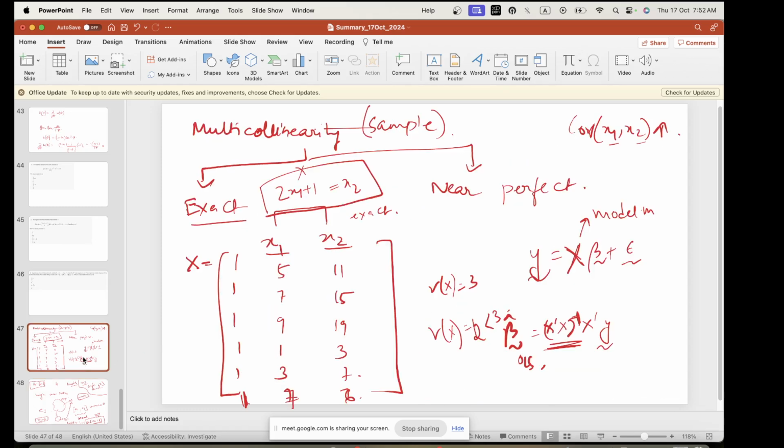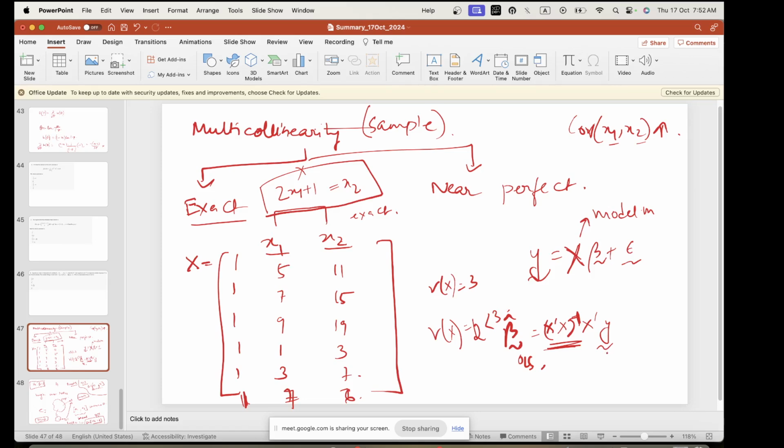So one way to do that is, if we have 2 or 3 variables which follow this exact same pattern, then the best way to go about it is dropping variables, right? So if we take x1 only, then this will have rank 2. There will be no problem in getting the inverses.